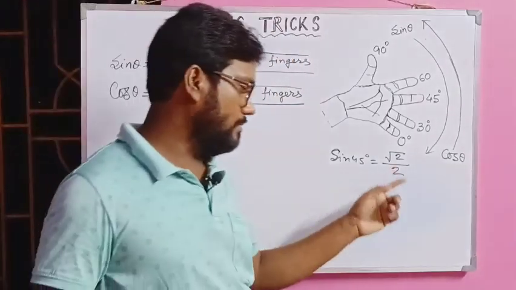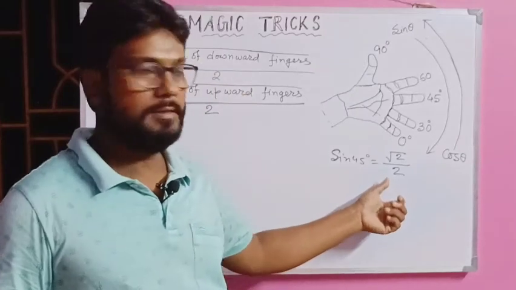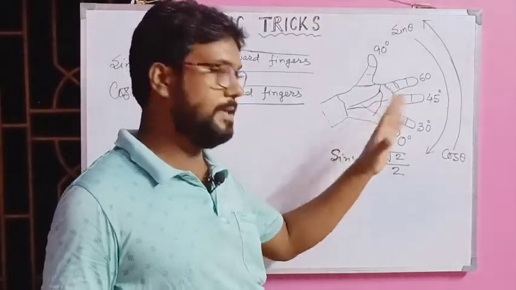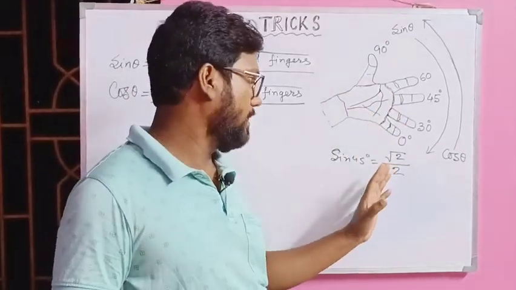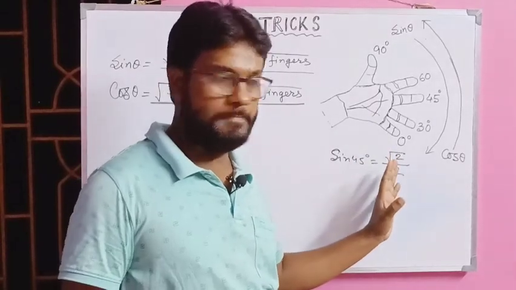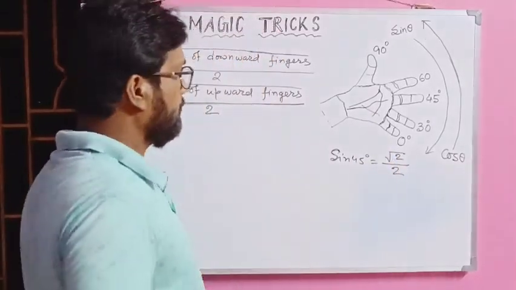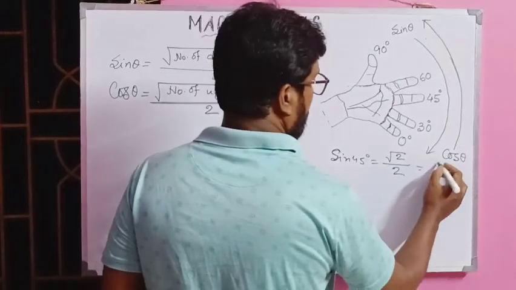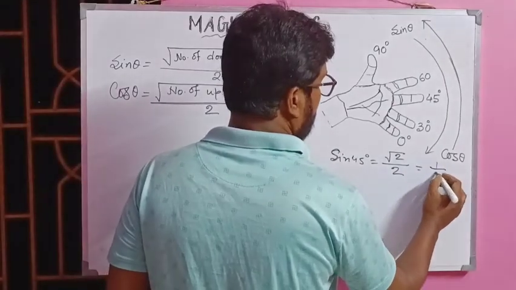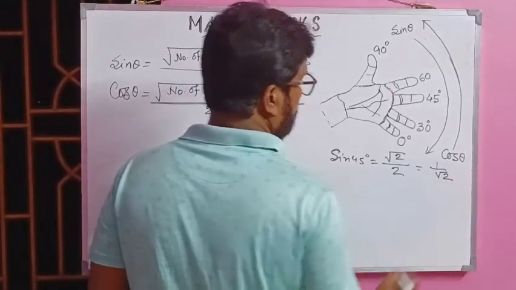We put 2 as the denominator for cos theta and sin theta in every case. Then we get the value of sin 45 degrees as 1 by root 2.